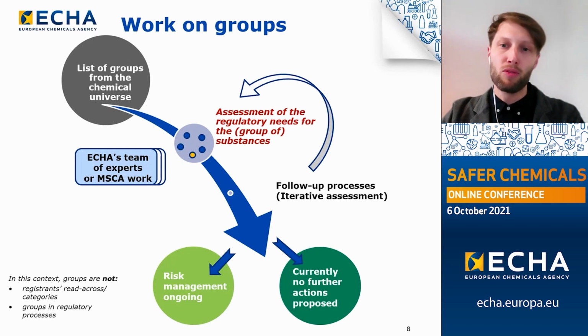We build groups, for example, around a substance where we know it is carcinogenic, mutagenic, and so on. We preferably choose a substance that is on the market in high volume and that has not been addressed otherwise before. This is what we call a seed, and it's the starting point of forming a group.